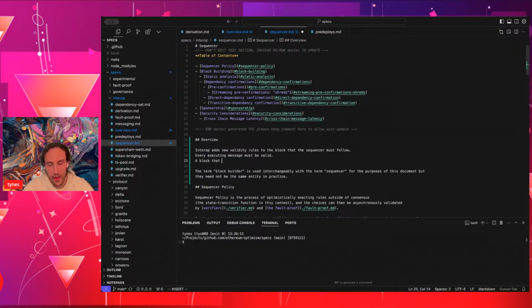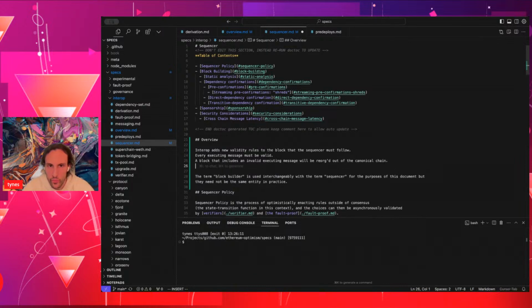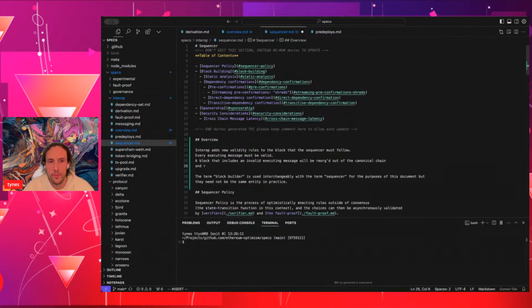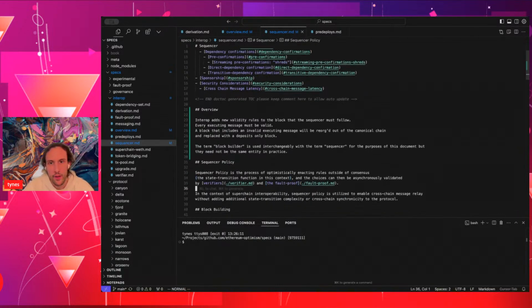A block that includes an invalid executing message will be reorged out of the canonical chain and replaced with a deposits-only block. Okay, so I need to clean that up.